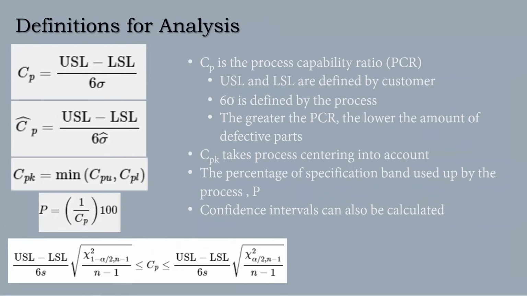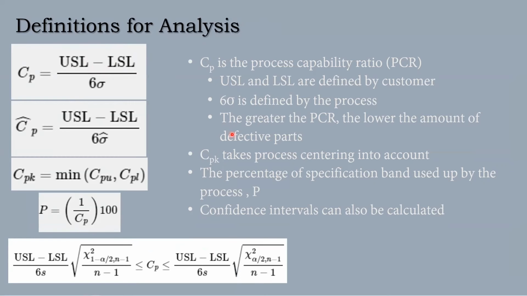All right, so here are some important terms we need to understand in order to analyze a process's capability. Cp is the process capability ratio and comprises the specification limits and the standard deviation.